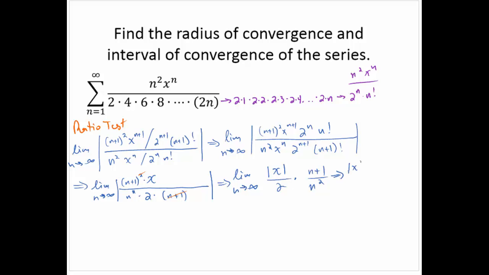I can write this as absolute x over 2 times the limit as n approaches infinity of n plus 1 over n squared. And notice that as n approaches infinity, the n squared takes over n plus 1, and so this limit is equal to 0 for all x.